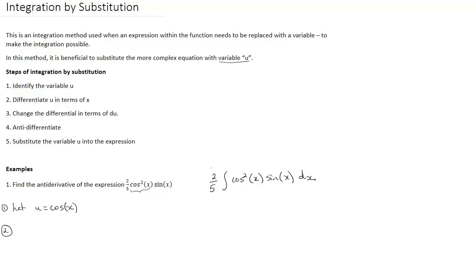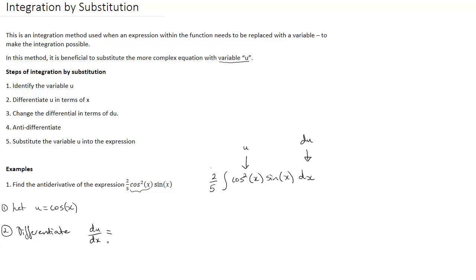Now, because we're making a substitution of u here, we can't have the ending being dx. We need it to be du. So we're going to have to replace that dx with du. By differentiating, we are forming a relationship between du and dx.